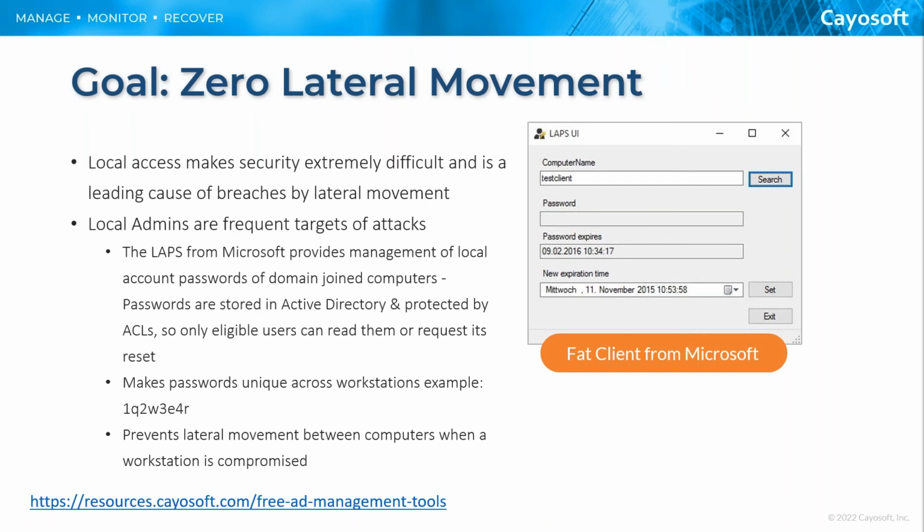Otherwise, people typically will have the same name. It'll be called PC admin, and then they'll have the same password, 123, and then they use some up-down letters formation on a keyboard. And all those can be easily guessed over time. And so by scrambling those and having different, unique passwords on every workstation, it makes it harder to go from one machine to another machine. And so with one compromise, the blast radius is just that machine, rather than these situations where people are using the same password across all the machines, which means the compromise of one means the compromise of all.